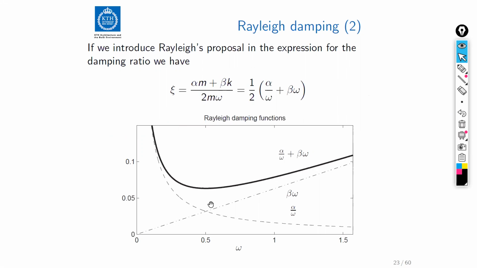But in general, we have several modes of vibration. That's why we started doing this finite element model from the start, because it's difficult to find analytical models that represent general structures. So we will almost always need to consider the variation in frequency when we choose these Rayleigh damping parameters.